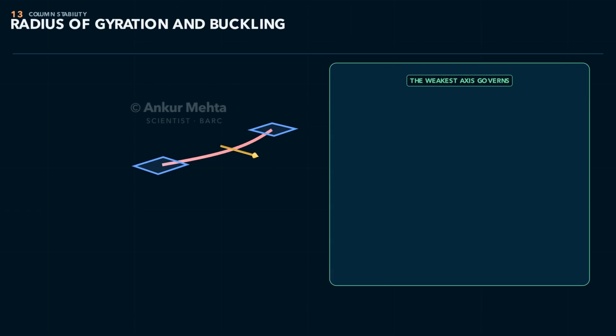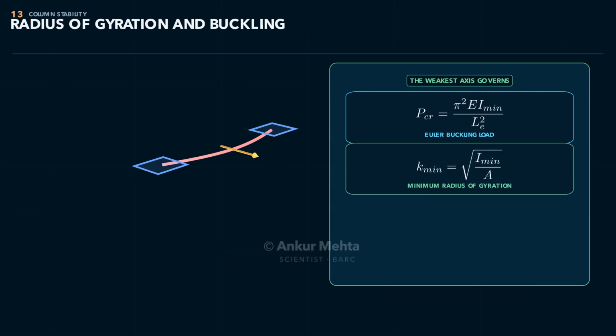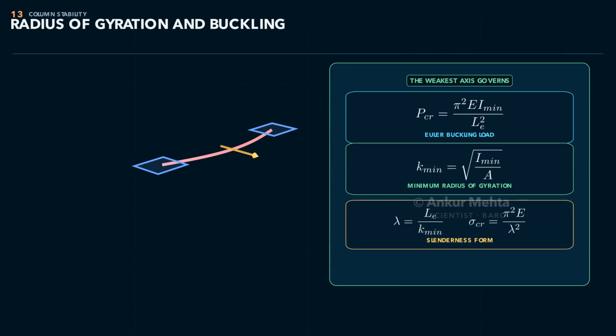The ratio lambda equals L effective divided by k minimum is the slenderness ratio. Radius of gyration therefore converts cross-sectional geometry into a length scale that can be compared with column length. A larger k minimum reduces slenderness and raises buckling strength. When checking a column, calculate both centroidal axes and use the smaller k. This is the practical reason radius of gyration appears so often in steel section tables.